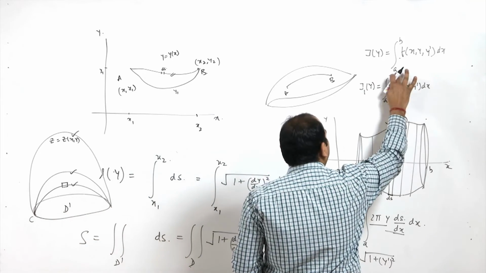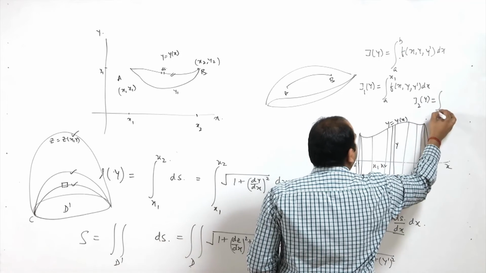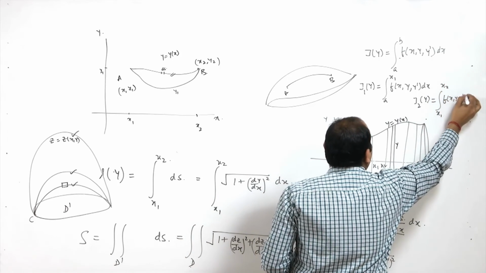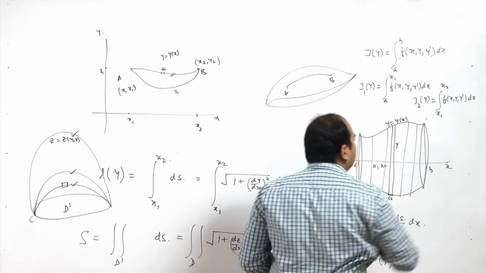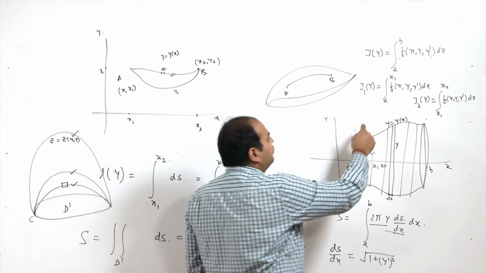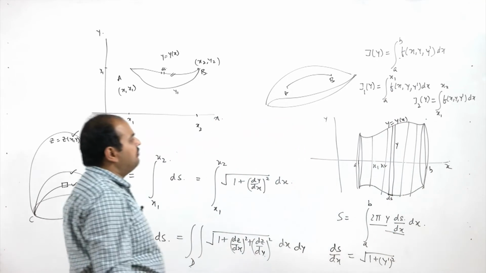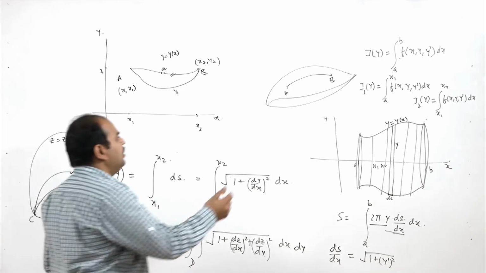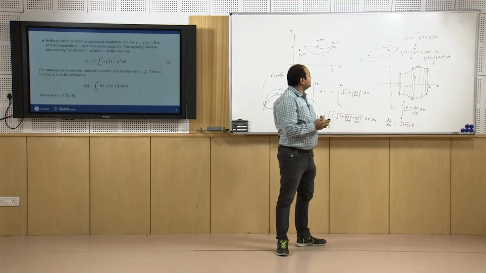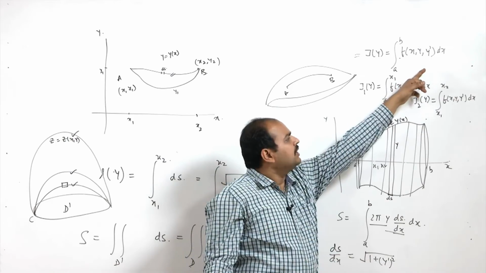So J1 is between a to x1. Similarly, you can define J2 of y as the integral from x1 to x2 of f of x, y, y dash, dx. Similarly, you can find the functional defined on these sub-patches, and if you sum all these values, you will get the value of the original functional J of y equal to the integral from a to b of f of x, y, y dash, dx.